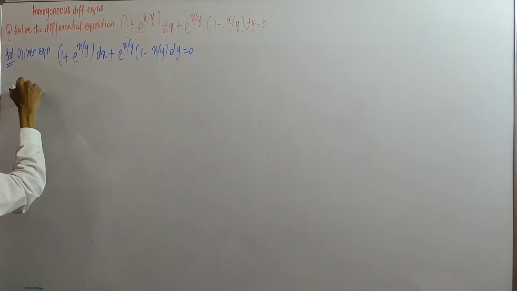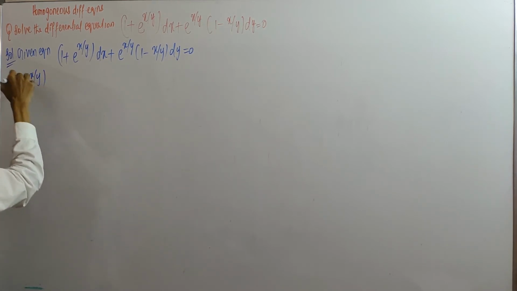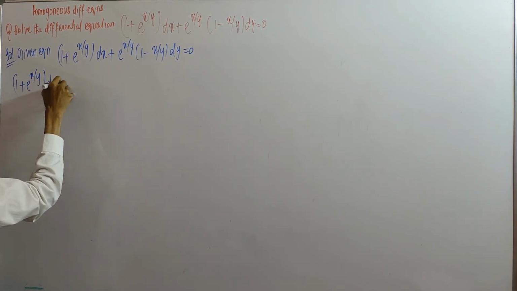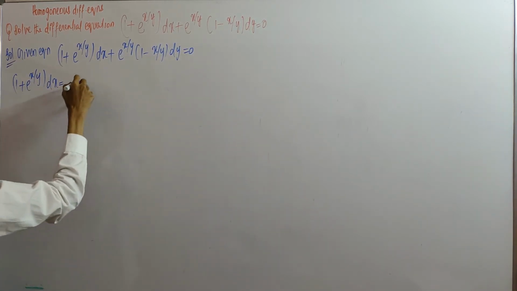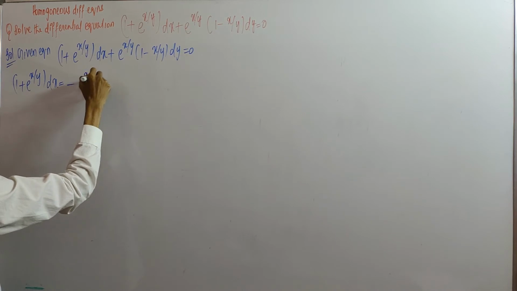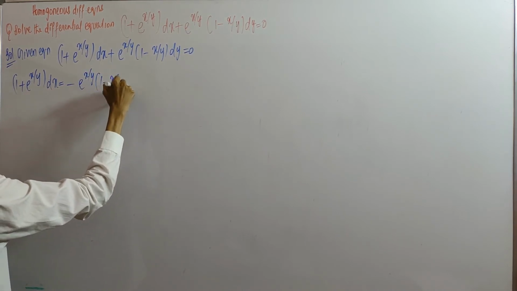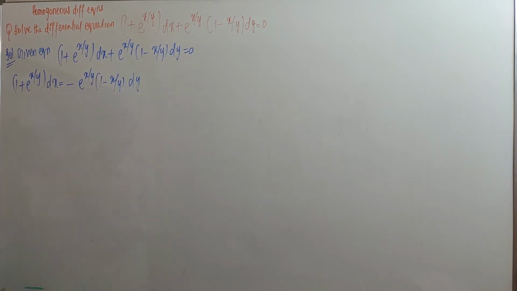Now here we have 1 plus e power of x by y dx is equal to, send this term to that side. Here I'll get minus e power of x by y into 1 minus x by y dy. Now send this dy to this side.